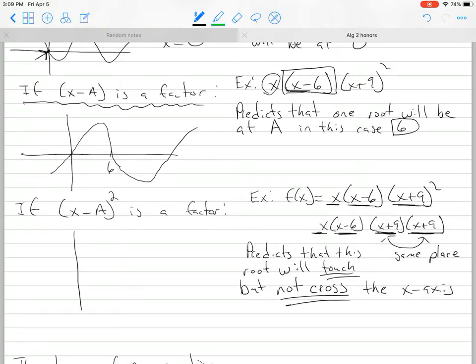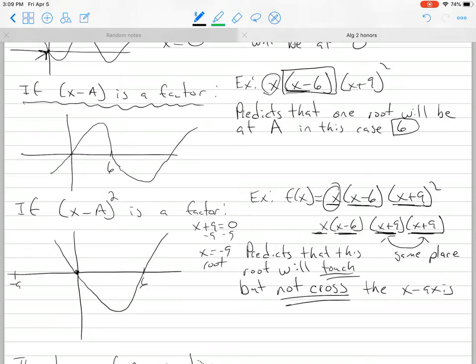So here's what this thing looks like. My first root is here, when x is 0. My second is where x is 6, and it goes through there. To get this root, I need x plus 9 to equal 0, so x equals negative 9 is my root.